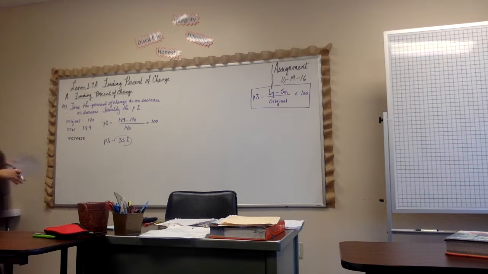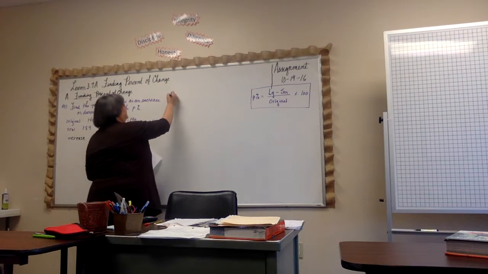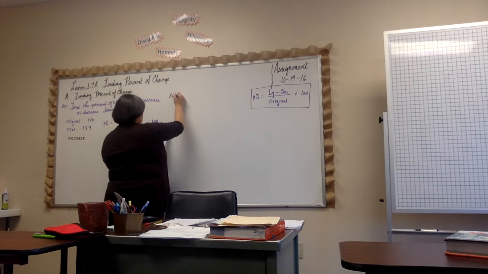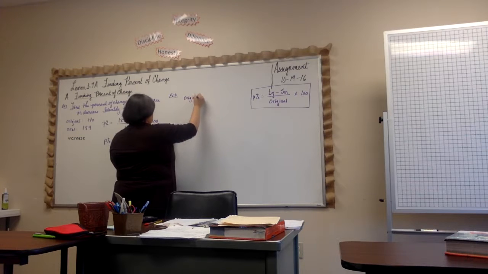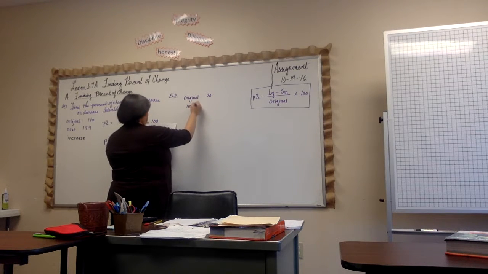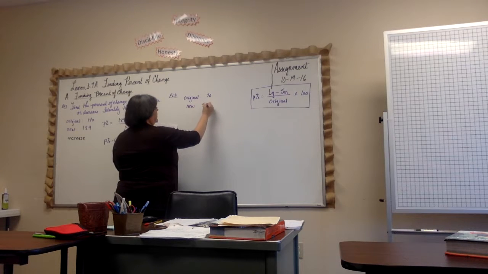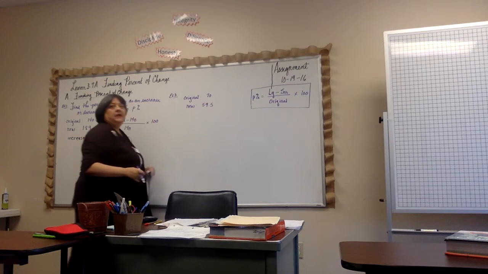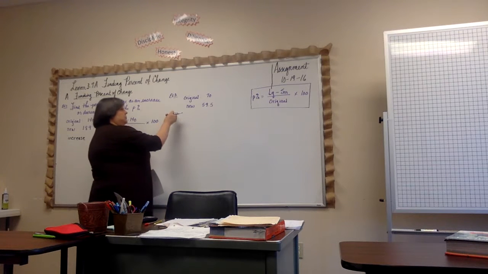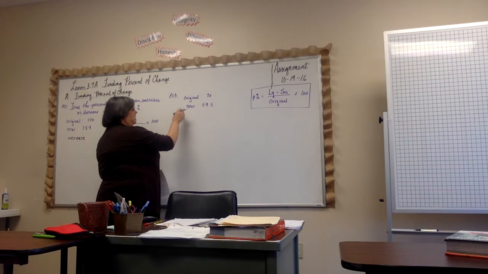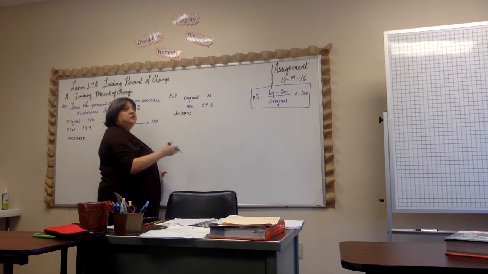Let me show you a decrease problem. The original is 70. The new one is 59.5. Now see, it's gone down. So this is a decrease problem. But you calculate the percent of change the same.